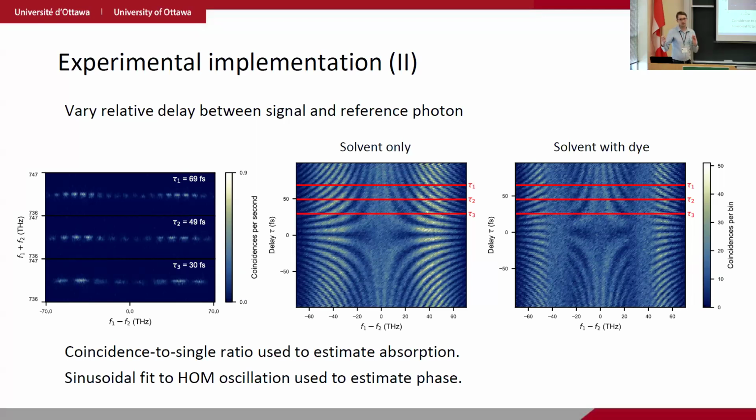If we detect a pair of photons, we cannot tell whether it was, say, lambda 1 that passed through the sample or lambda 2. And so these two outcomes show up the same way in our interference pattern. For the phase shift, we just look at each column here, fit it to a sinusoid, extract the phase, pretty standard.